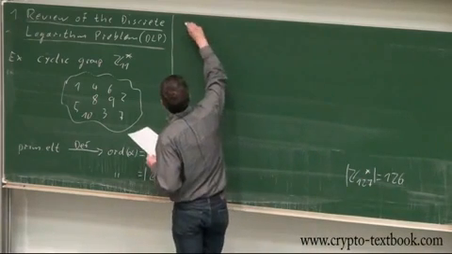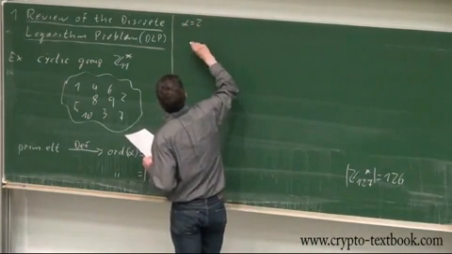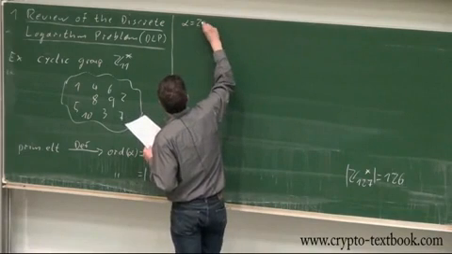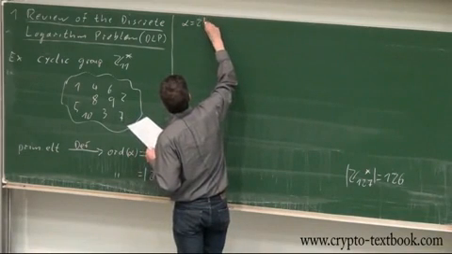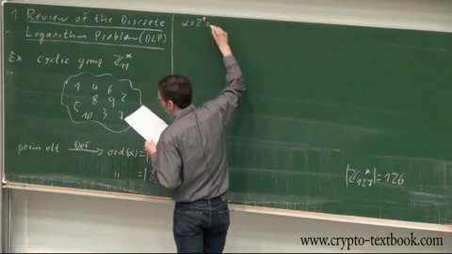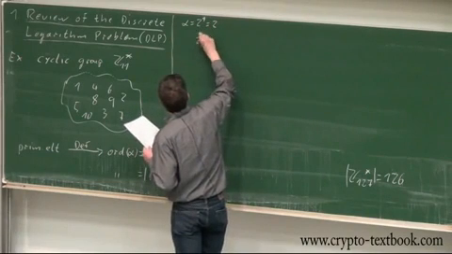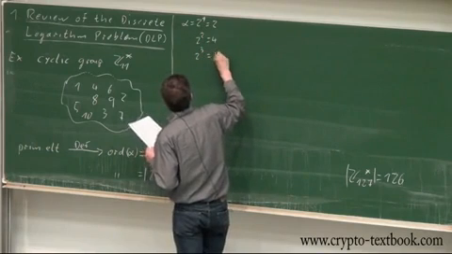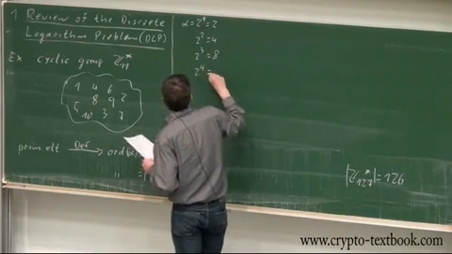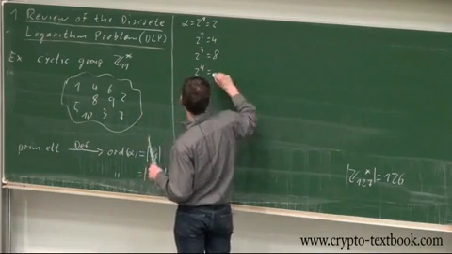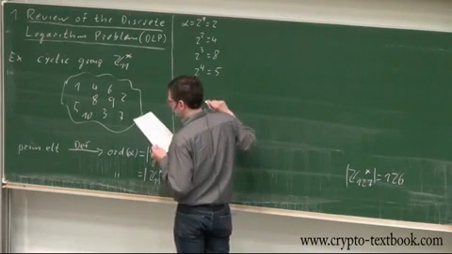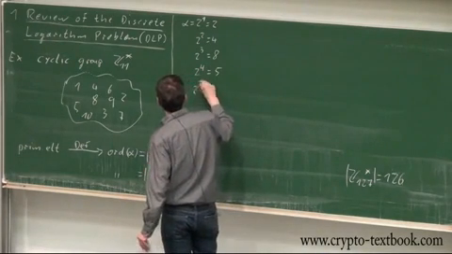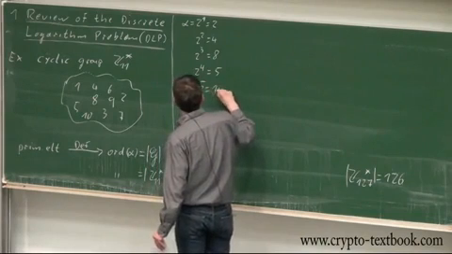So we look at alpha equals 2. 2 raised to the first power, you get 2. 2 squared, you get 4. 2 cubed, you get 8. 2 to the fourth, you get 16, modulo 11, you get 5. 2 to the fifth is 10.